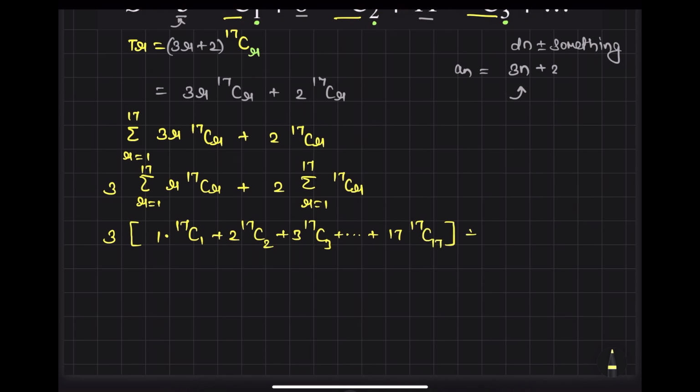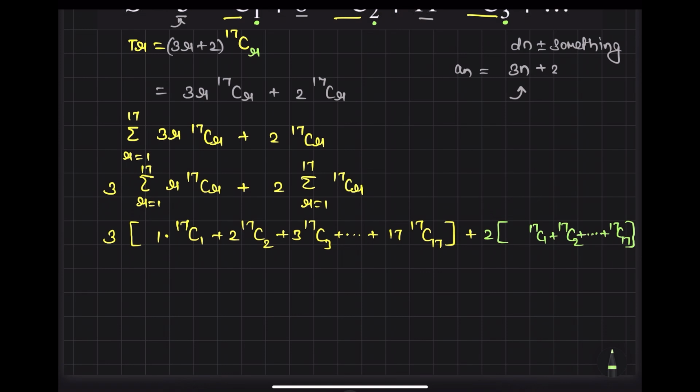So this is the first part. In the second part, what will happen? You will be having 2 times 17C1, 17C2, dot dot dot, 17C17. Correct?